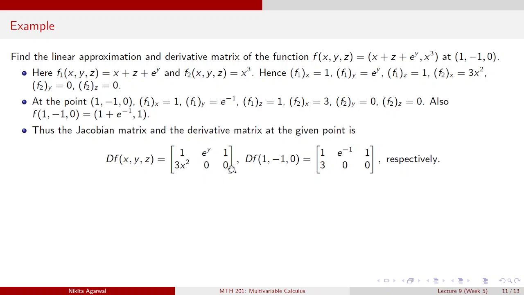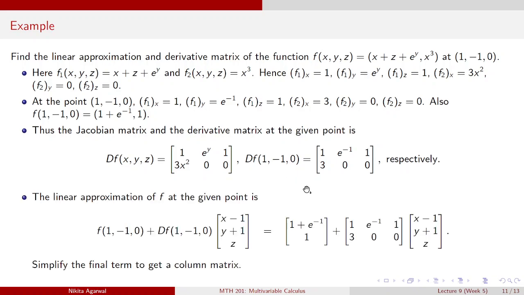And second row is the partial derivatives of the second component with respect to x, y, z. And if you set x equal to 1, y equal to -1 and z equal to 0, you get this matrix, right? So this is the Jacobian matrix, which is in terms of x, y, z, and this is the derivative matrix at the given point, which is (1, -1, 0).